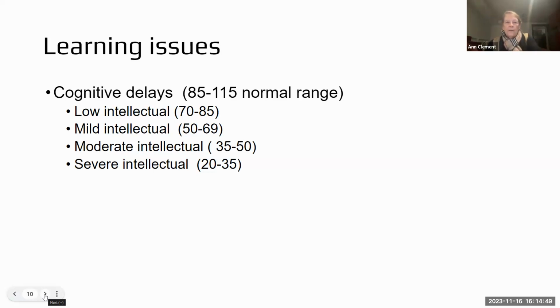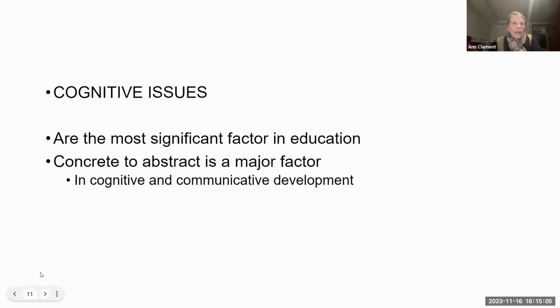And down here, this child would be functioning more like a 2-year-old. So I hope relating it to age differences helps you understand the learning patterns, how the child learns, what they're able to learn. But we'll talk about that more in detail. Okay. The cognitive issues are the most significant factor in the education of a child with Down syndrome.